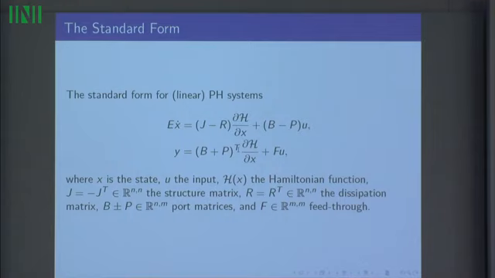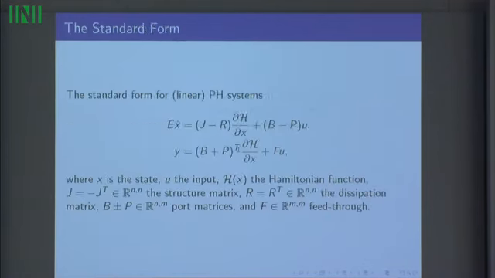I'm focusing here on the linear Port-Hamiltonian system just for simplicity and convenience. This matrix E can be a mass matrix, an identity matrix corresponding to the differential equations, and a zero block for algebraic equations. So it could be singular, but it's a symmetric matrix. J is the structure matrix coming from the Dirac structure, R is the dissipation matrix, these are for the external ports, and F is the feedthrough.